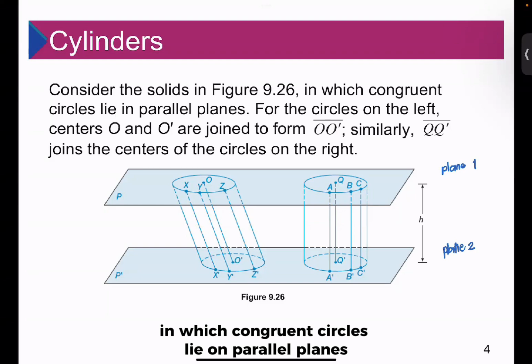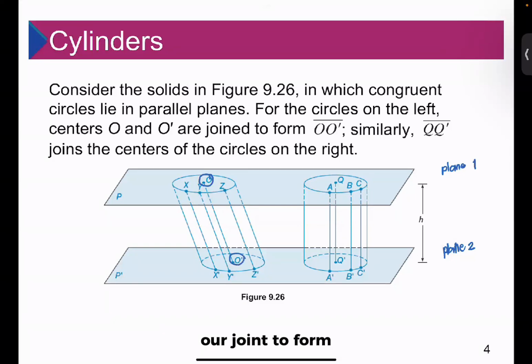For the circle on the left, the centers O and O prime are joined to form the segment OO prime. Similarly, Q and Q prime are the centers of the circles on the right.